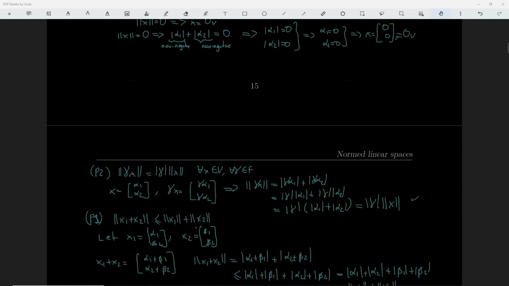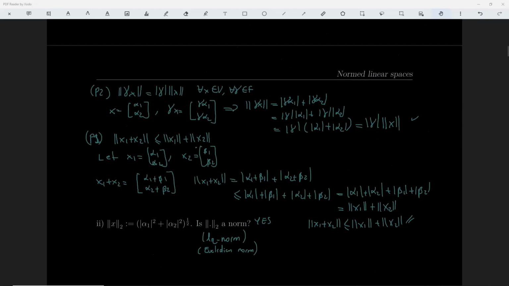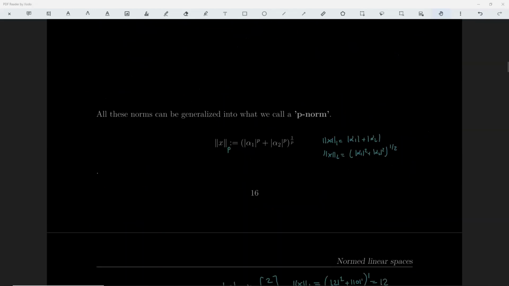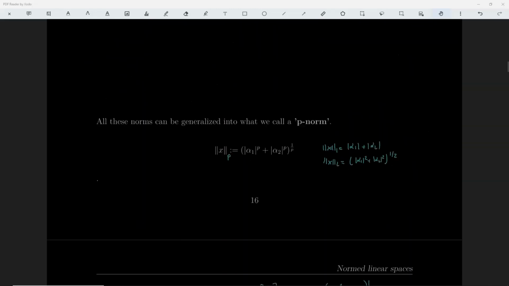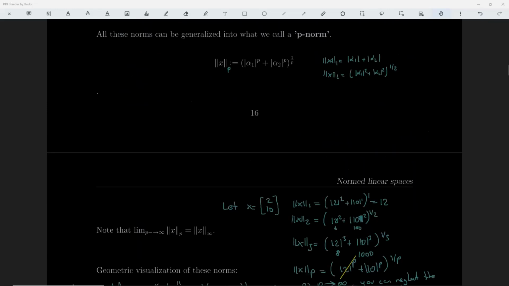We also saw some counter examples. Maybe we'll come to that later. At a certain stage, we also defined the p norm. So we said that, okay, the p norm can be defined as follows. Also the norms that we have seen before, L1 norm, L2 norm, L infinity norm, can all be put into the same picture by defining the p norm over there.